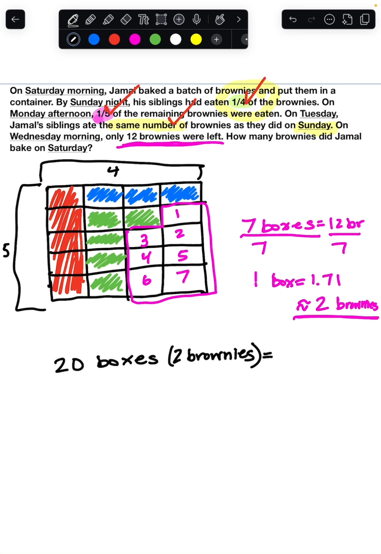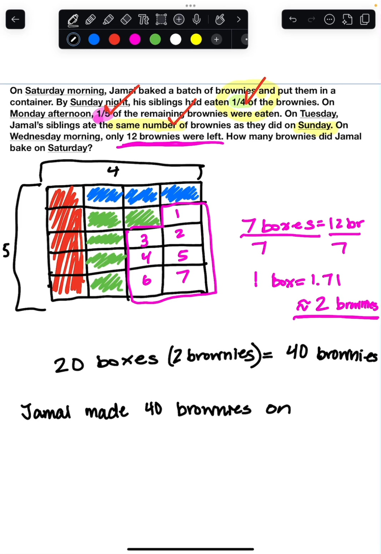So Jamal made 40 brownies total, or just about that. So we're going to write down Jamal made 40 brownies on Saturday.